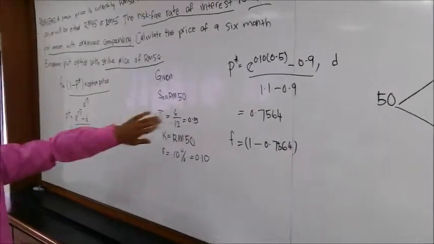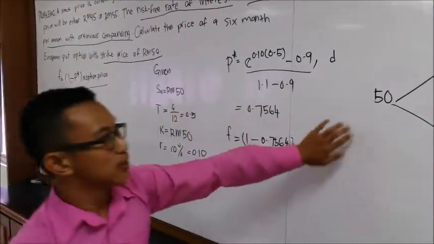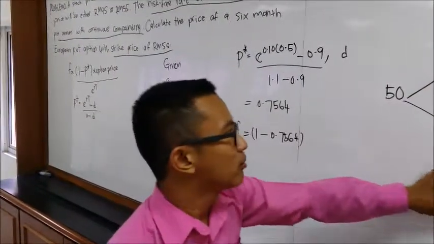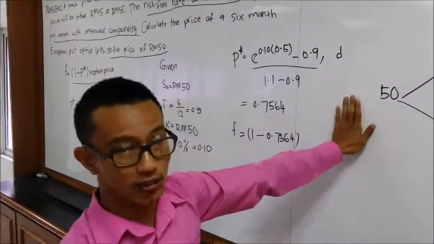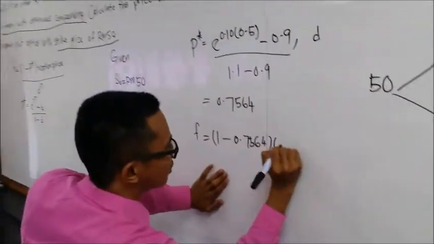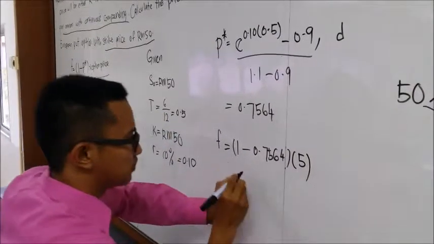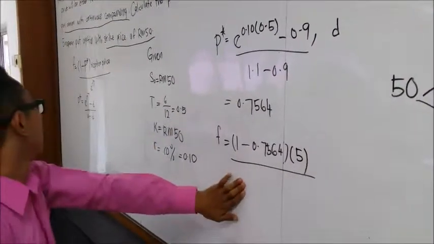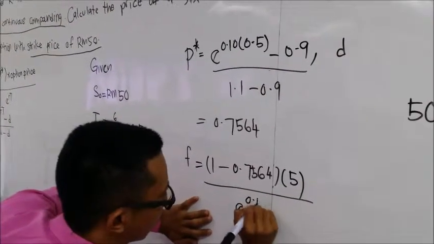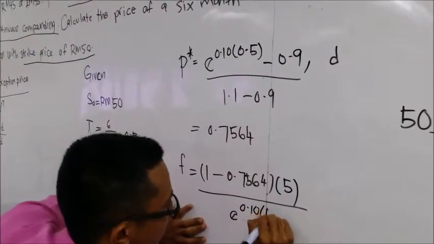We ignore the negative part. The upward payoff is 55 minus 50, which gives 5, and 45 minus 50 gives a negative, so we ignore the negative and multiply by the option price, which is 5. The whole thing is divided by e to the power of r, 0.10, and T, 0.5.